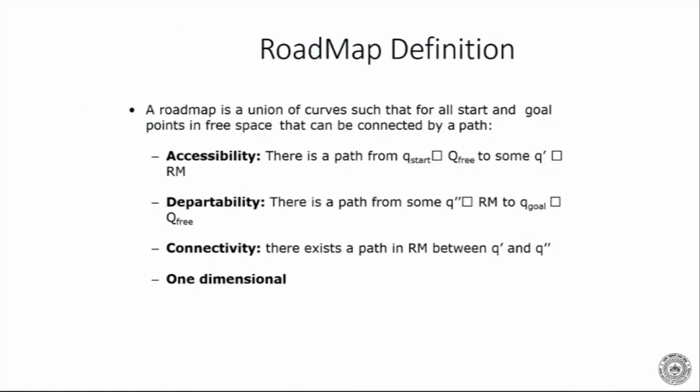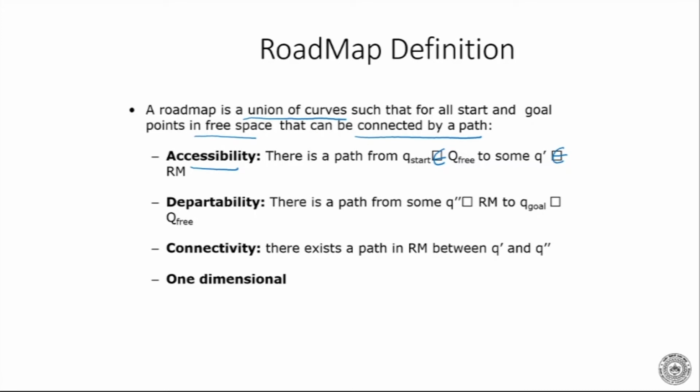Let's proceed. Now the definition of a roadmap is that a roadmap is a union of curves such that for all start and goal points in free space that can be connected by a path, it has accessibility. That means there is a path from Q start, which belongs to Q free, to some Q dashed, which also belongs to the roadmap.